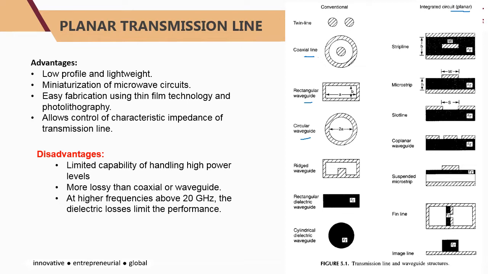The advantages of planar transmission lines are low profile, lightweight, and miniaturization of microcircuits, meaning you can produce a smaller structure compared to a conventional one. They are also easy to fabricate since the structure can be printed directly on the board using thin film technology and photolithography.